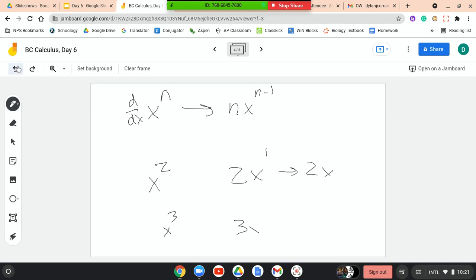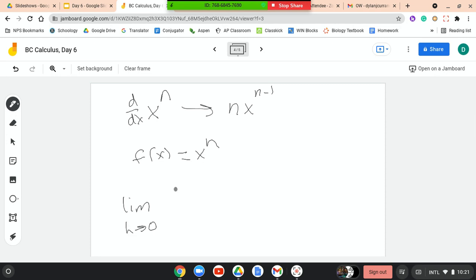All right, bear with me here. Our limit definition of a derivative tells us that if our function f of x is x to the n, then our derivative is the following limit. Would you agree?